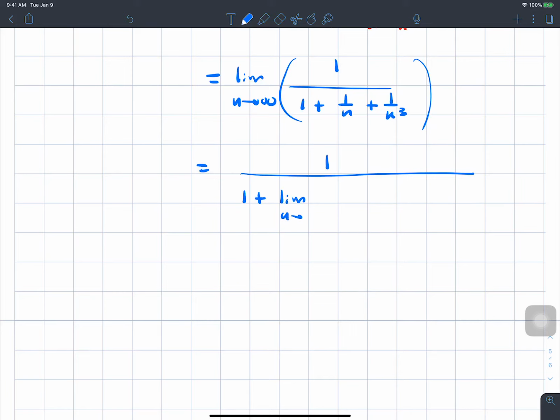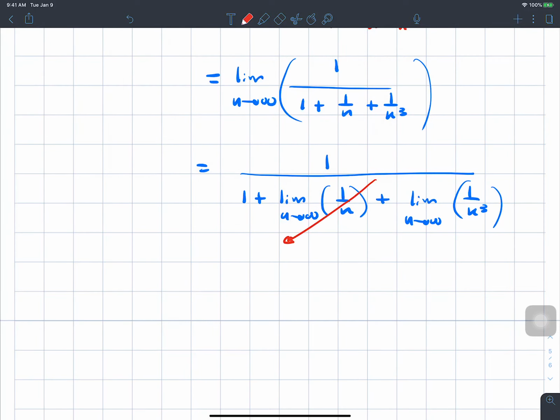I'm not going to write the limit everywhere, because the limit of a constant is the constant. So I'm just going to say to you, I'm using properties of limits here. So you want to make sure you know all those properties.